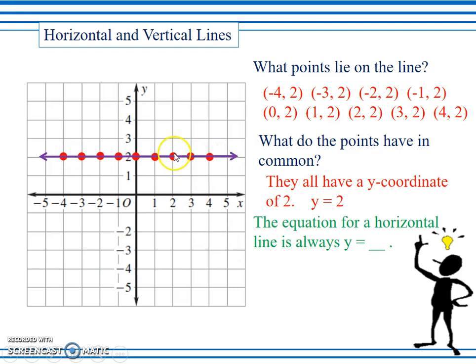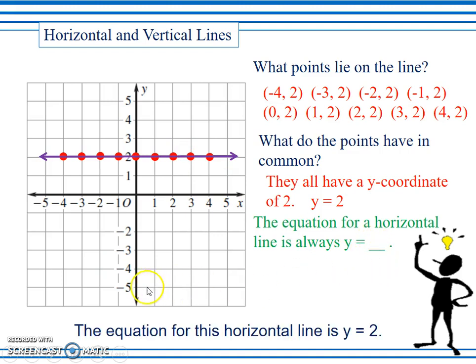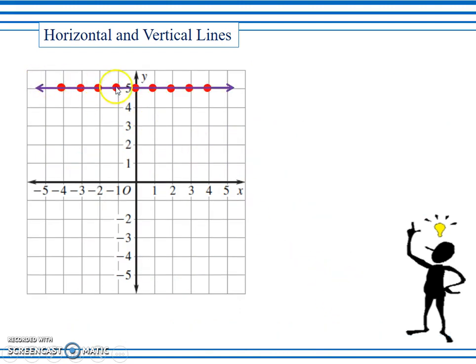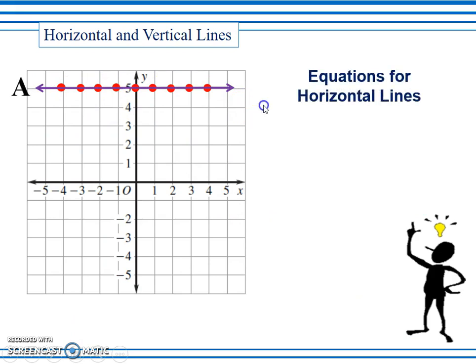So when we have a horizontal line, the equation is y equals and then a number. So for example, this equation is y equals 2. This equation would be y equals 5 because y is 5 here.